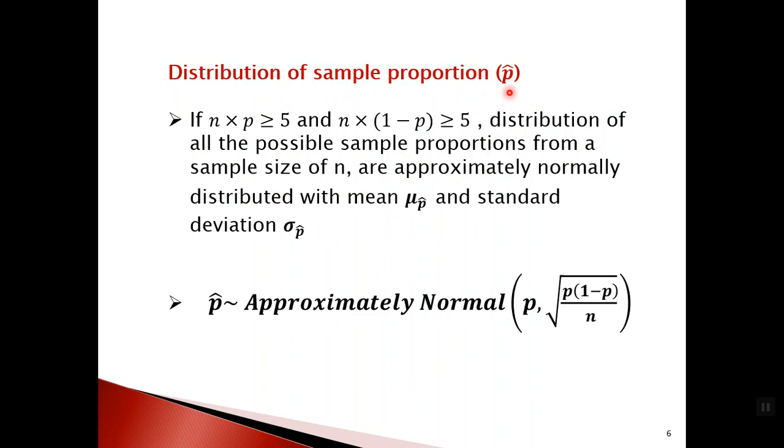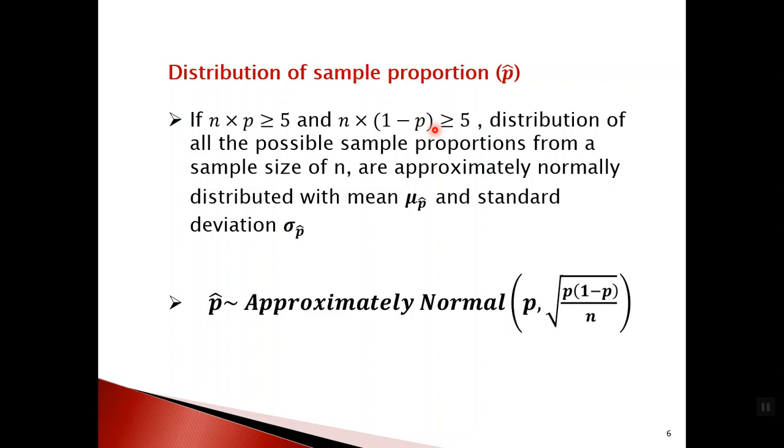If you need to calculate this p hat and you have to deal with this kind of problem, first you should check whether this p satisfies this, which means n times p, where n is the sample size, multiplied by p, the population proportion, should be greater than or equal to 5, and at the same time n times 1 minus p should be greater than or equal to 5.